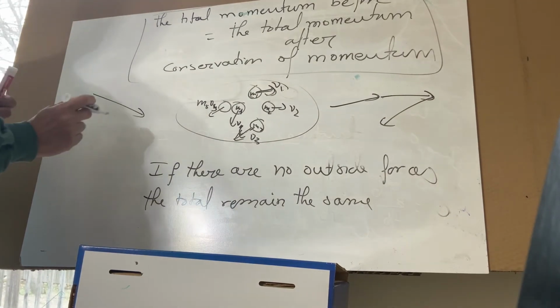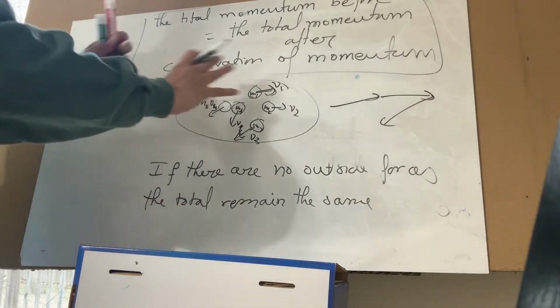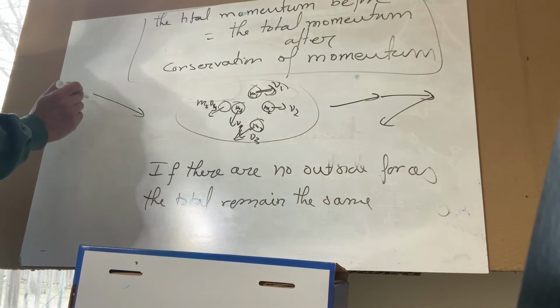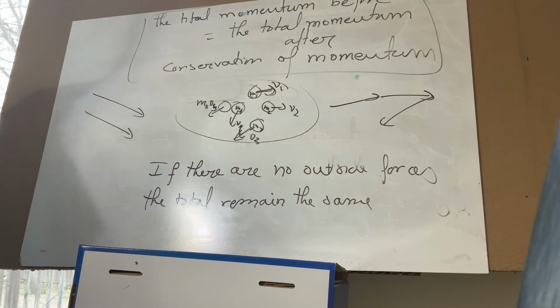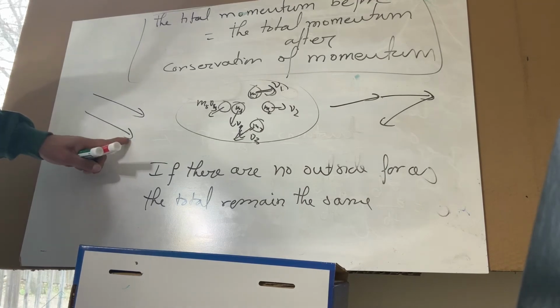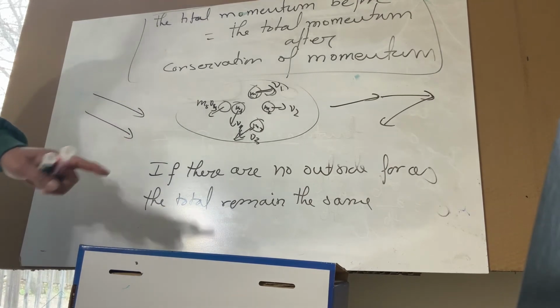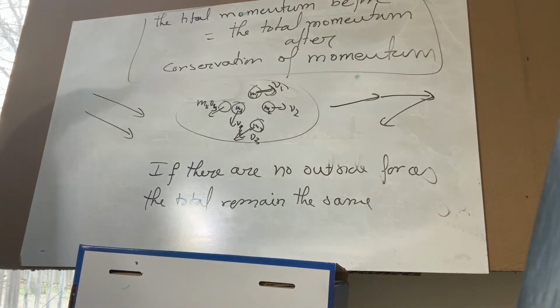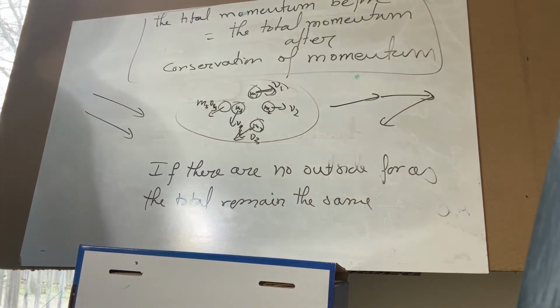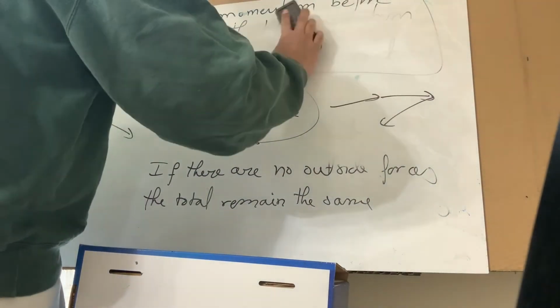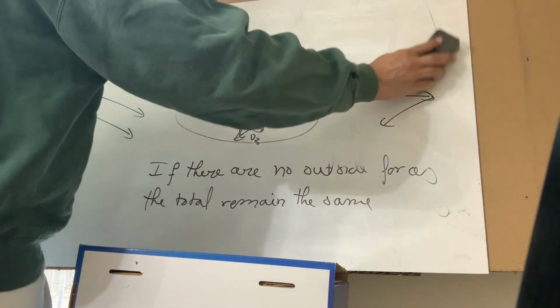If there are no outside forces like friction, you'll find that the total momentum before is equal to the total momentum after. It will have the same magnitude, that means the same size arrow, and it will be pointed in the same direction. So we call this conservation of momentum. The total momentum before is equal to the total momentum after.